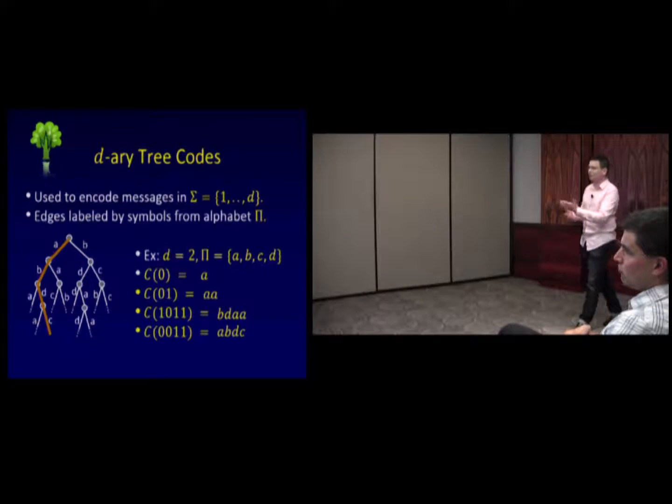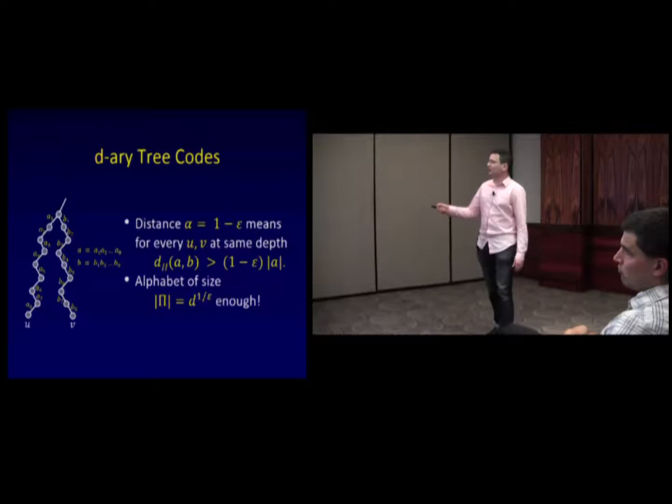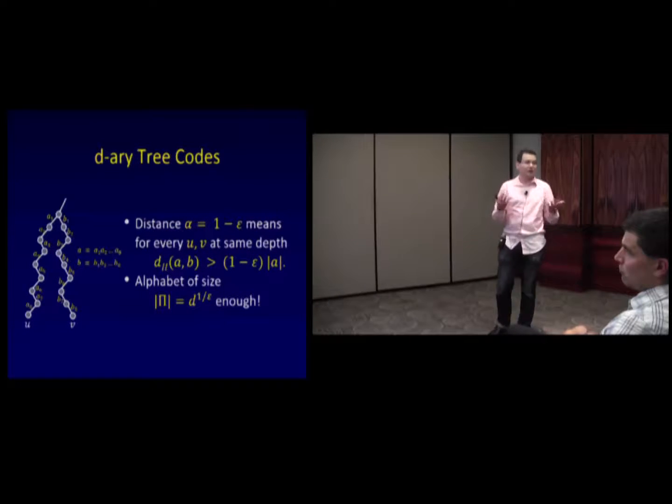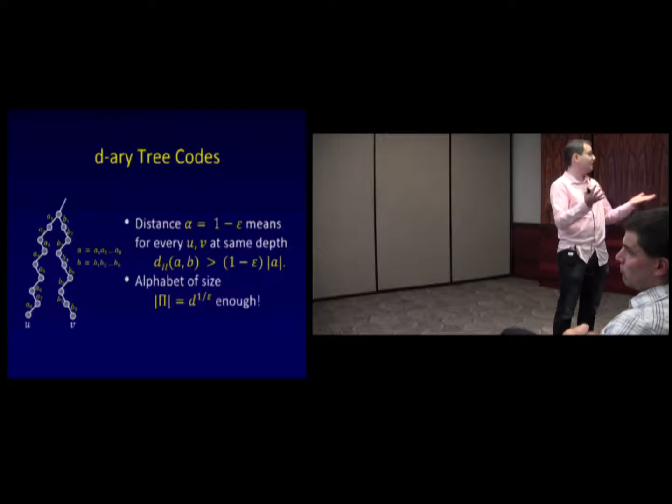I didn't tell you anything about distance, so next let's talk about distance. The distance of a code is defined for every two vertices that diverge: U and V are two nodes at the same depth, and this is their divergent part. Typically, what does it mean to be a good code? It means that if I take two words in the code, they should be very different.